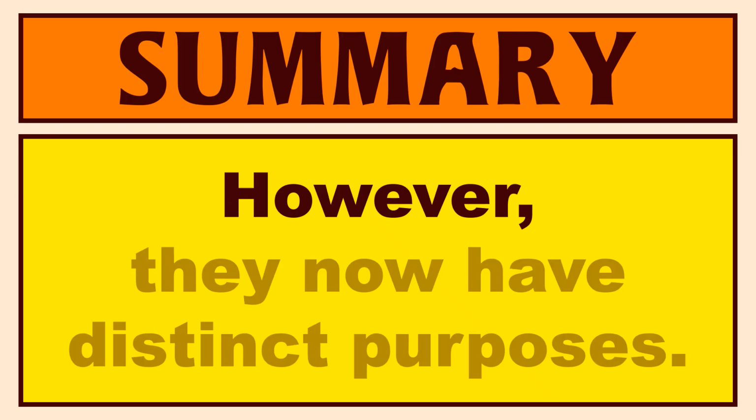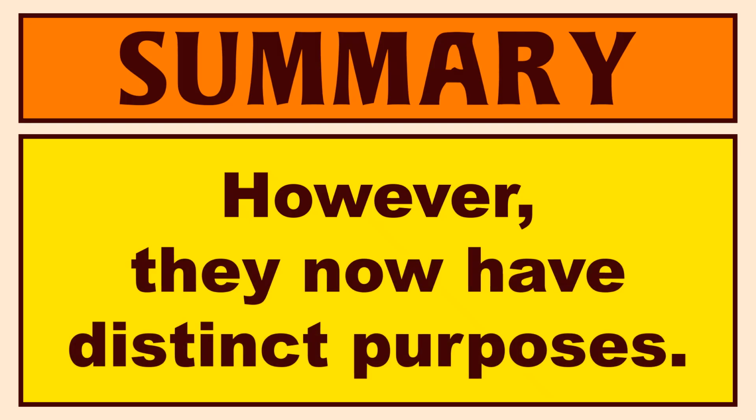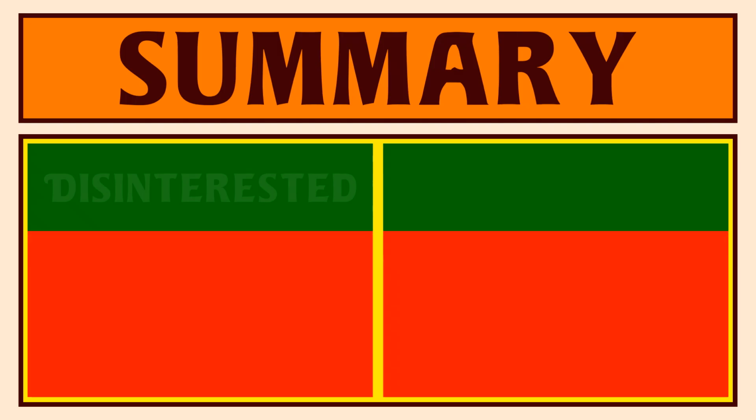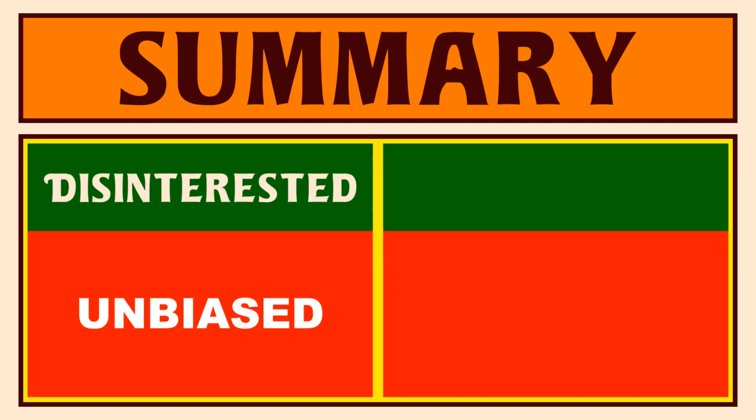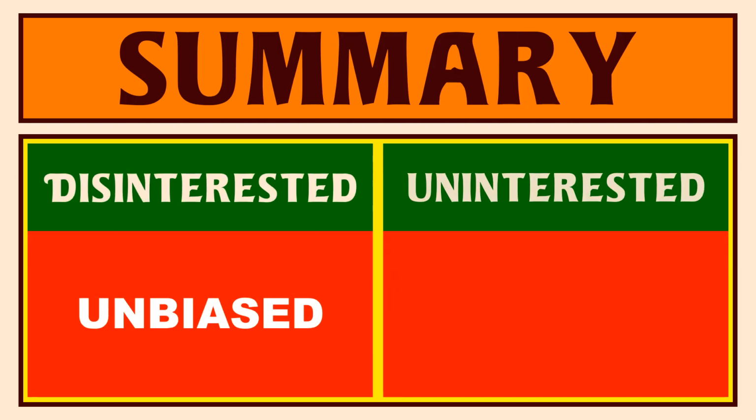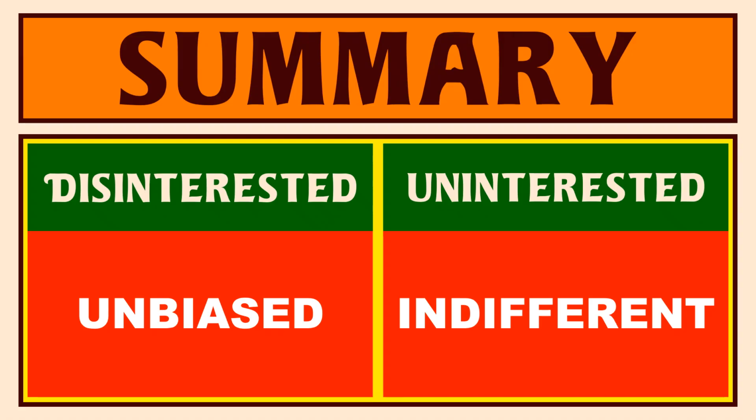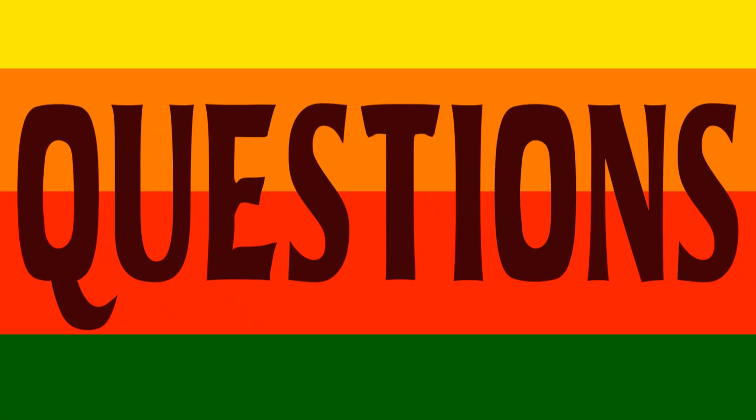However, they now have distinct purposes. Disinterested means unbiased, impartial. Uninterested means indifferent to, not having a fascination. So I hope that clarifies the difference between disinterested and uninterested.